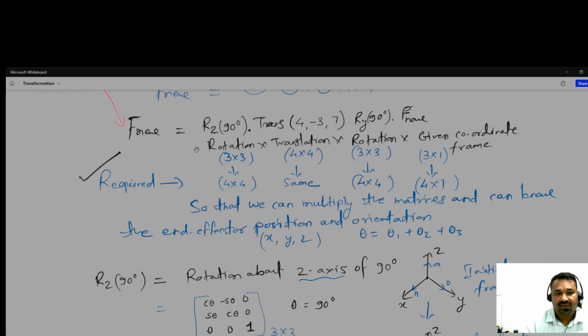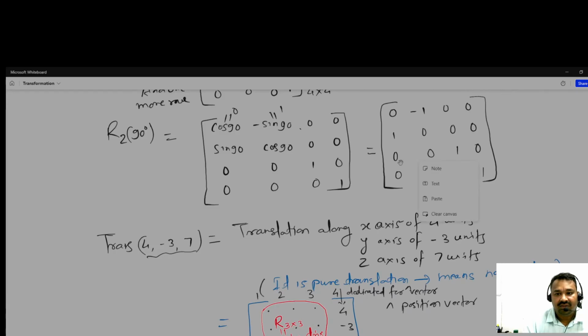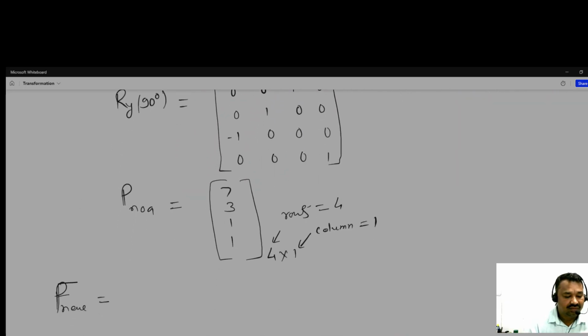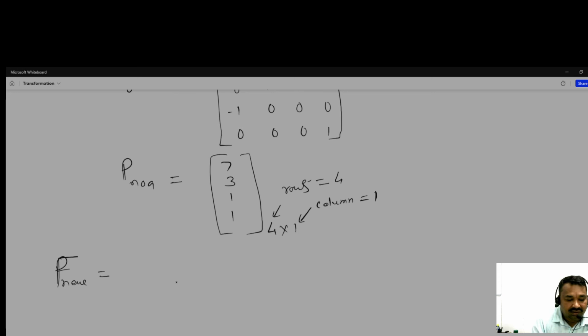So the RZ90 we have to write. First one RZ90 here, that I'm going to write here 0 minus 1 0 0, here 1 0 0 0 0 0 1 0, 0 0 0 1 here.